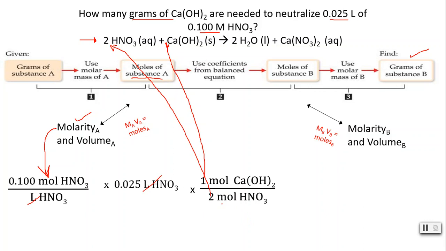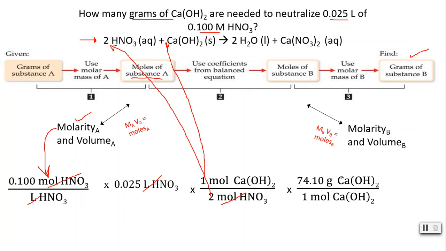So this mole HNO3 unit that's in the denominator cancels with this mole HNO3 unit that's in the numerator. So we're left with moles of calcium hydroxide in the numerator. Now we just need to go from moles of calcium hydroxide to grams of calcium hydroxide using the molar mass of calcium hydroxide.